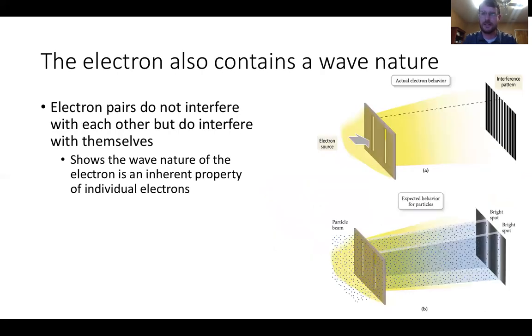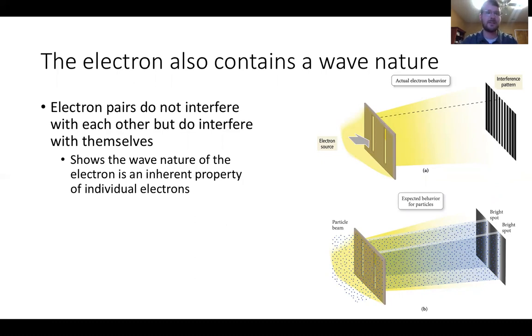Now, what's interesting, and this is where we have to start to wrap our minds around electrons, is that electrons have a wave-particle nature. Here we just said they emit wavelengths when they go from a higher energy level to a lower energy level. However, they do not interfere with each other, but they do interfere with themselves. We're not going to really focus on this per se.